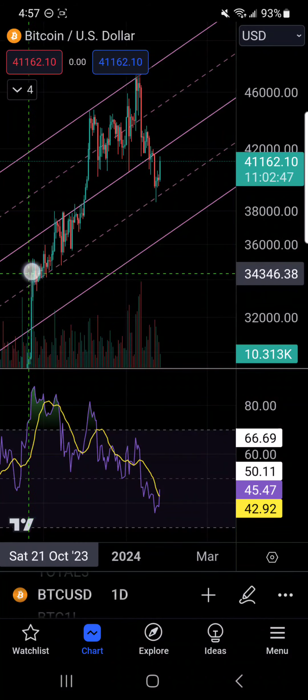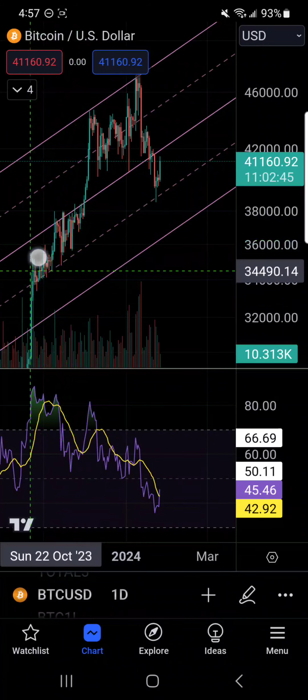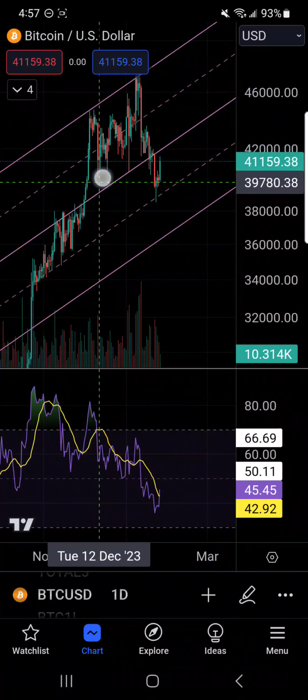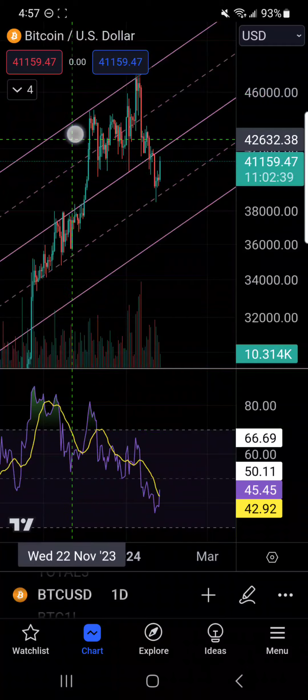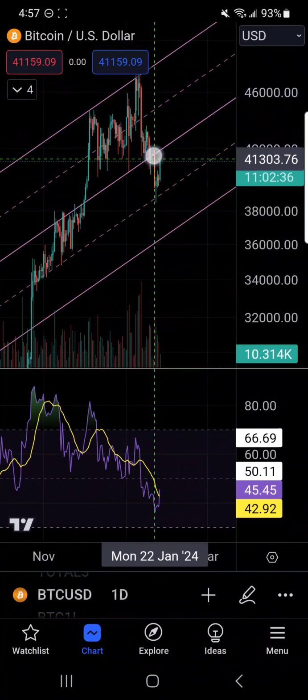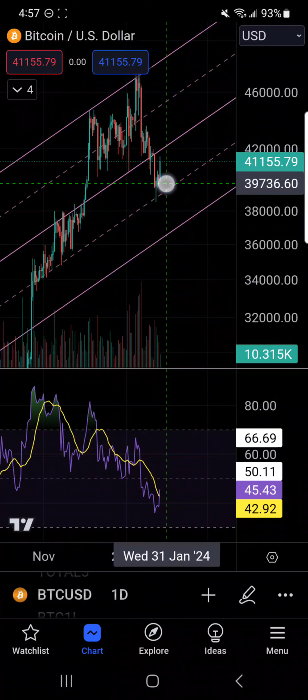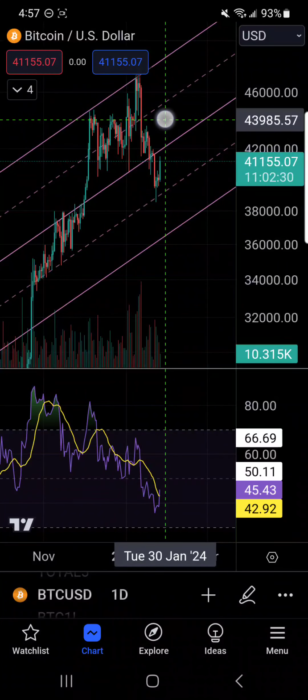Nice quick upward movement, trading in the upper portion of this lower channel, oscillating up and down in the upper channel, falling back down to the center line of the lower channel. Now we are coming back up here.